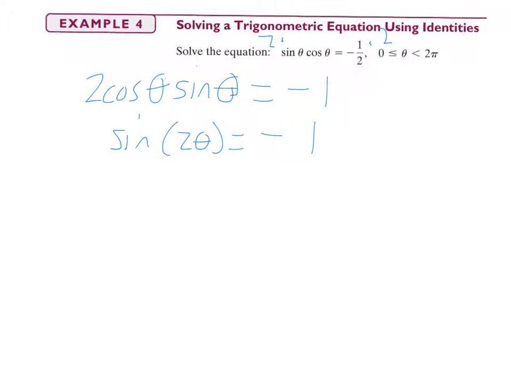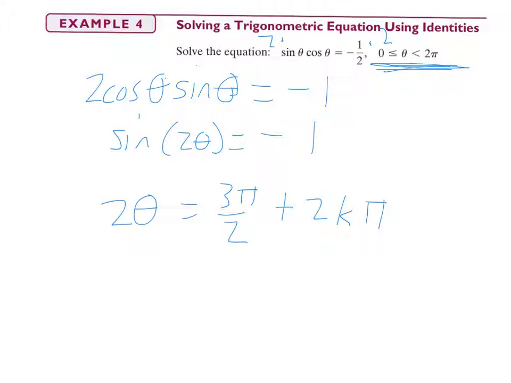Now, sine is equal to negative 1 on this interval at 3 pi over 2. So, the stuff on the inside, 2 theta, has to be equal to 3 pi over 2 plus 2k pi. Because we're going to find the general equation for theta, and then we're going to use that to determine any angles on this interval that meet this equation.